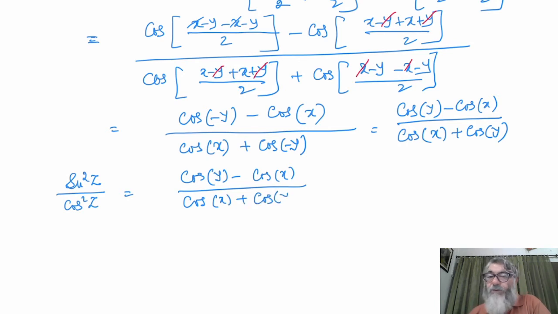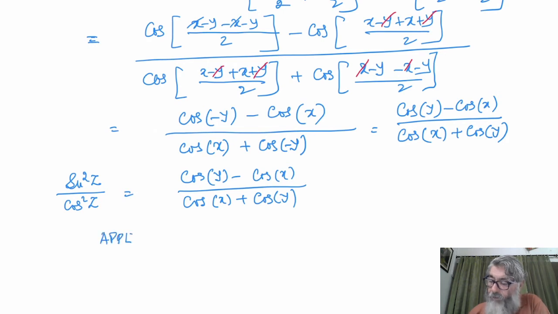Now we are going to apply componendo and dividendo. That means we add one to both sides, then subtract one, and then divide. In general, we add the denominator to the numerator first, then subtract the denominator from the numerator, and divide the two equations. I'll do it in one step. You read it in 9th.